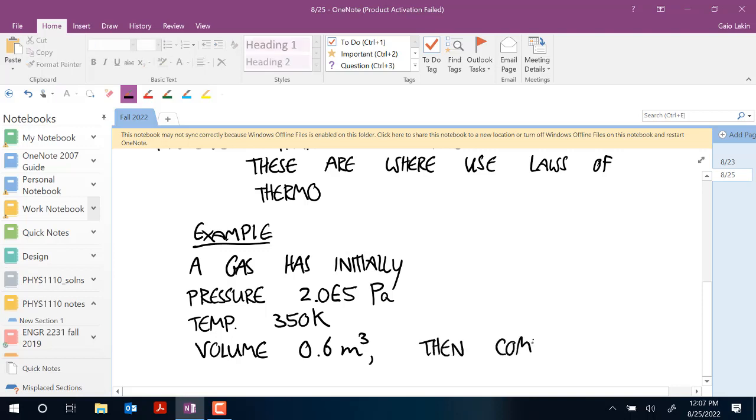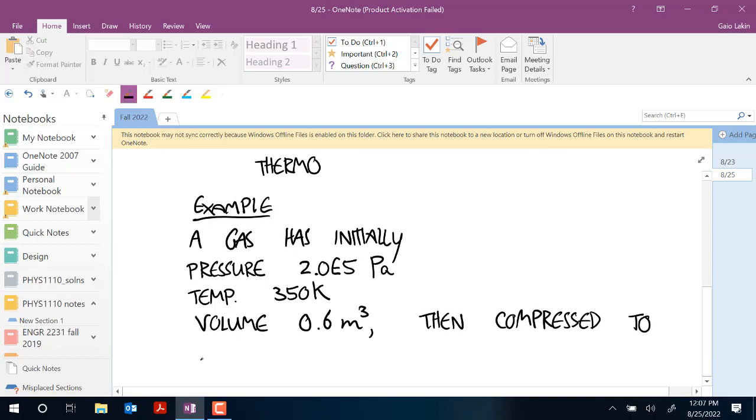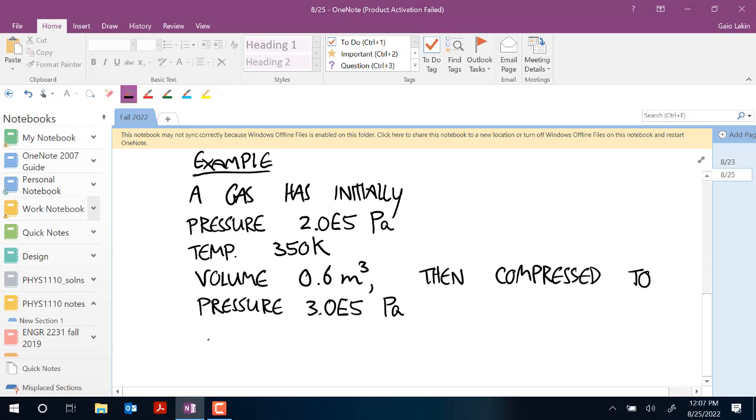And then it's compressed to a pressure of 3.0 times 10 to the 5th pascals, temperature of 400 K, and a volume of 0.3 cubic meters.